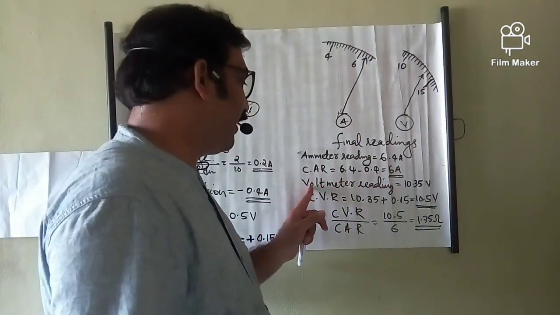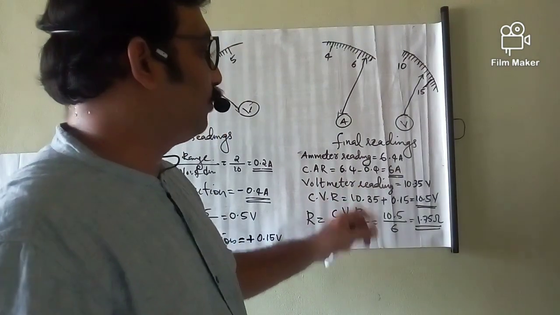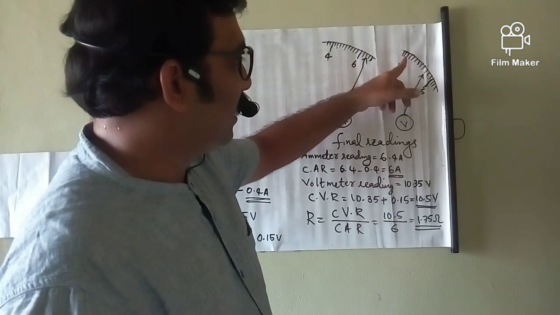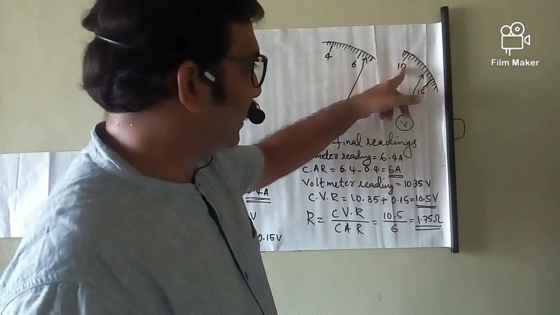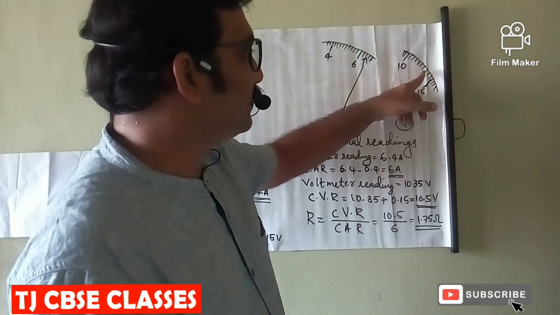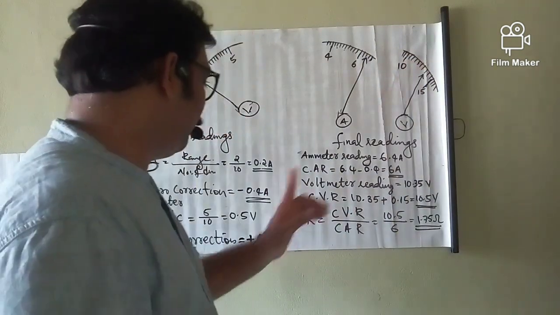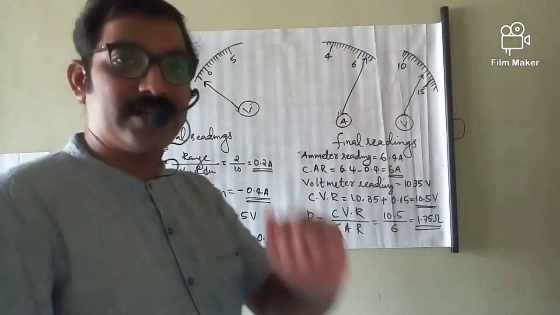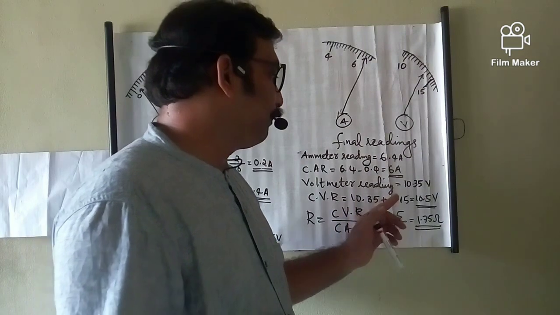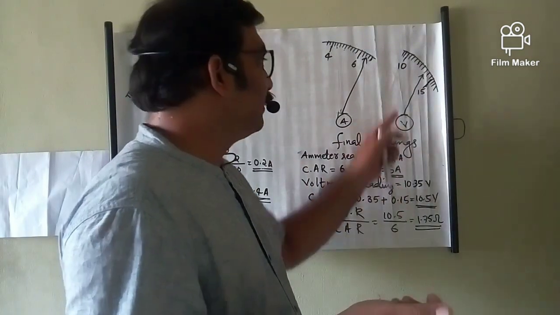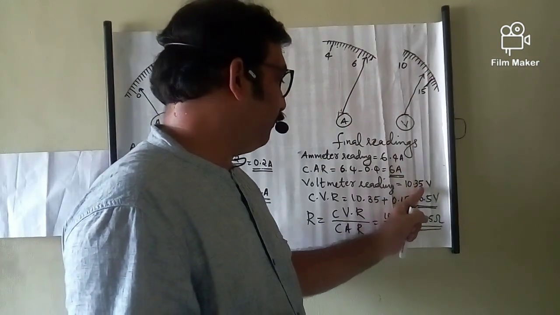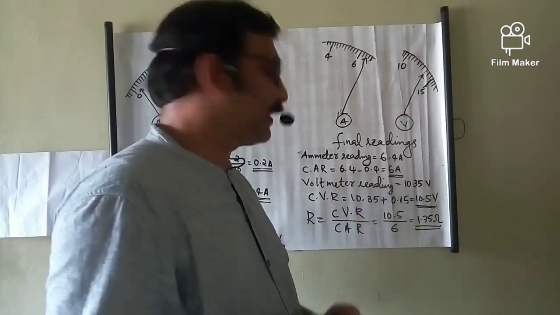In the same way we calculate the voltmeter reading. The voltmeter reading is after 10, by 7 divisions. For 1 division it is 0.5, so for 7 divisions it is 7 into 0.5, which is 3.5. Hmm, reading after 10 volt, the voltmeter reading is 10.35.